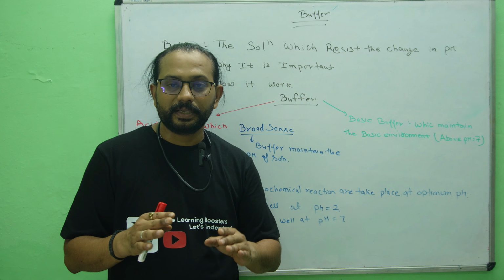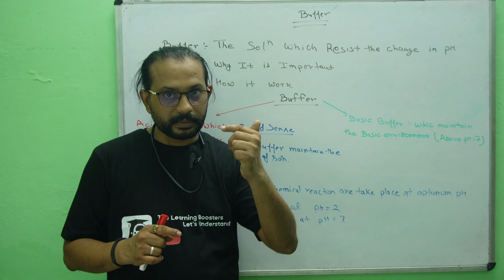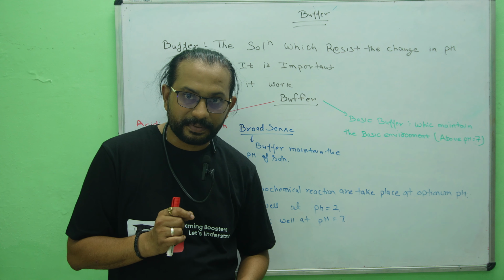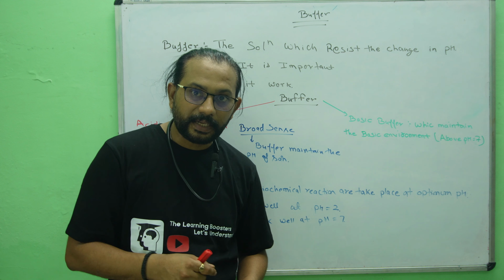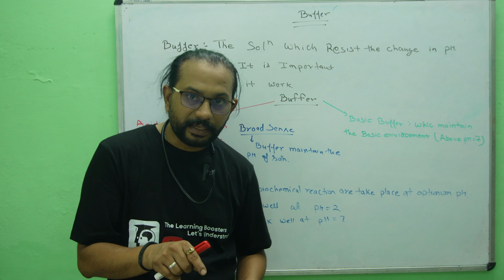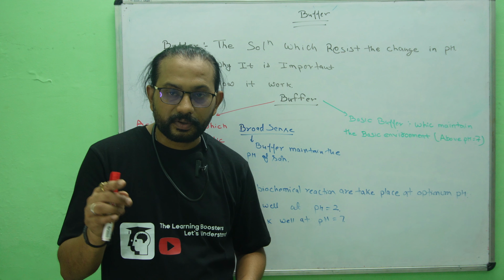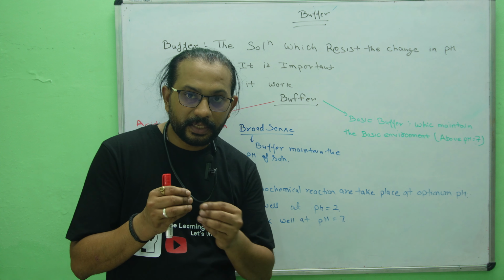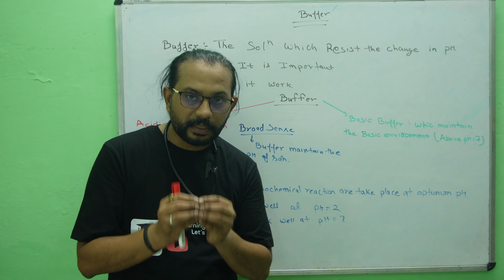So if I want to understand what kind of reaction is going on when I'm using pepsin to digest or degrade some protein into a product, I need to maintain the pH during the reaction.